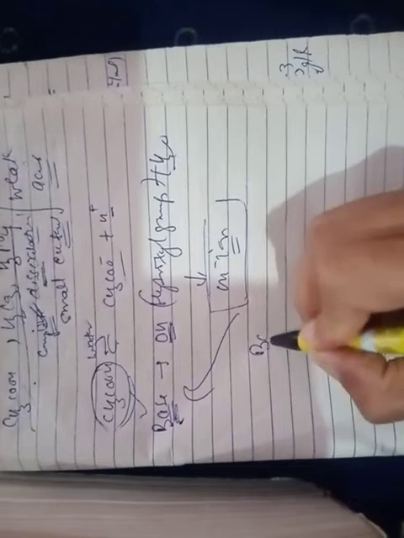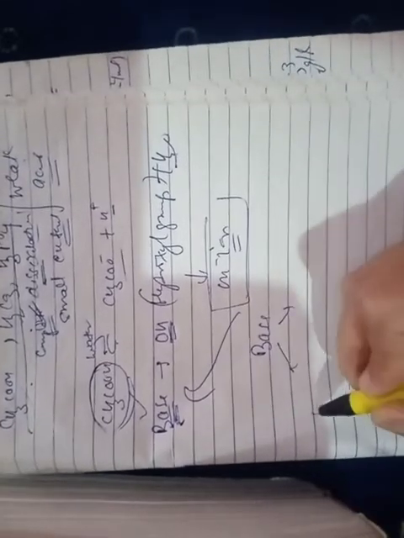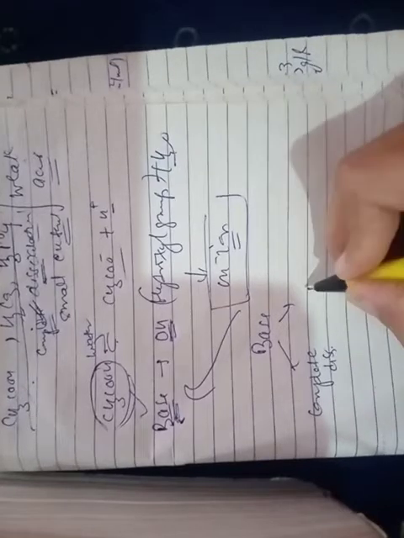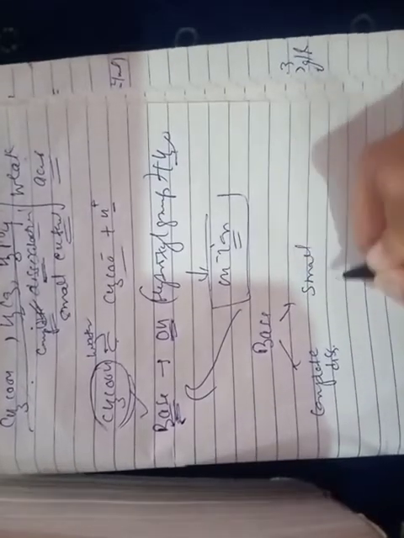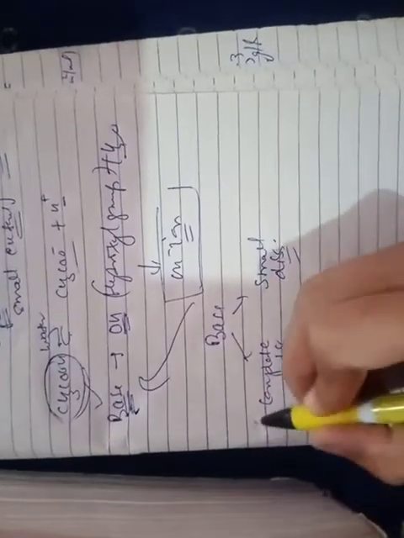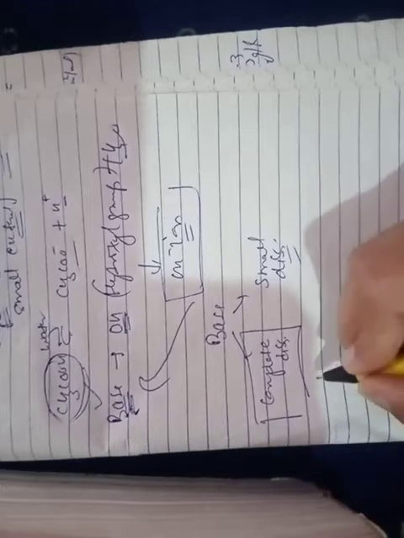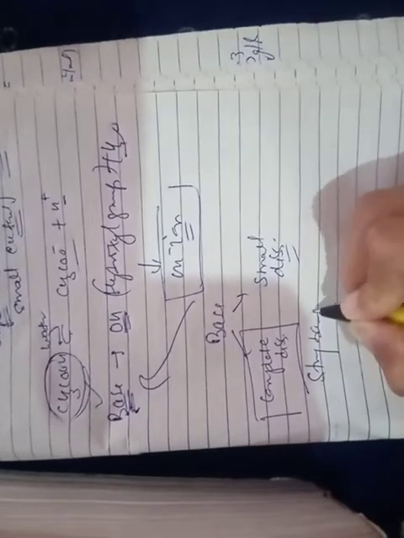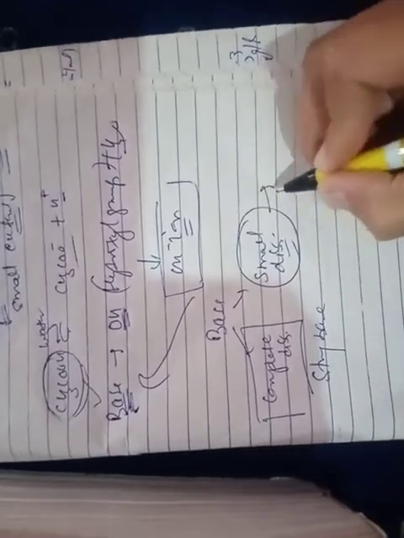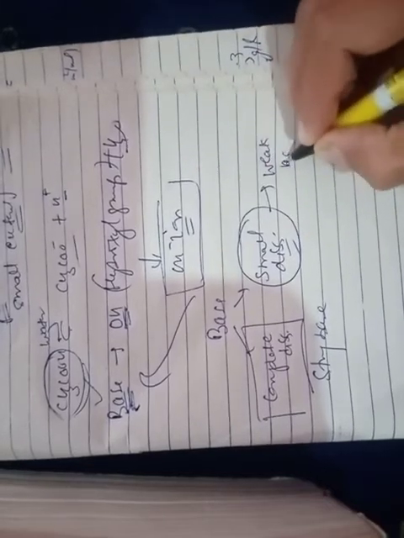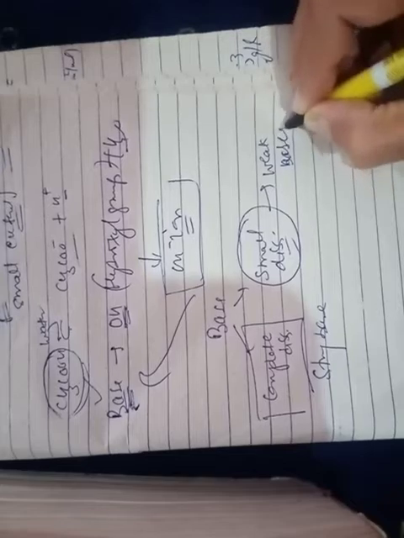Again we have two categories of bases: those which undergo complete ionization or dissociation, and those which show only small ionization. The species which undergo complete dissociation into hydroxide ion are called strong bases, and those which undergo dissociation to a small extent are termed weak bases.